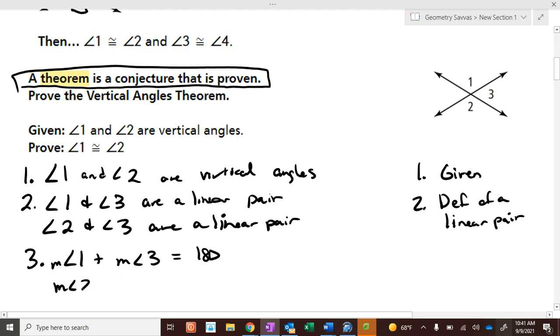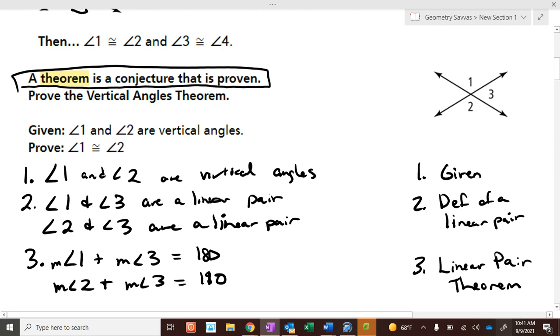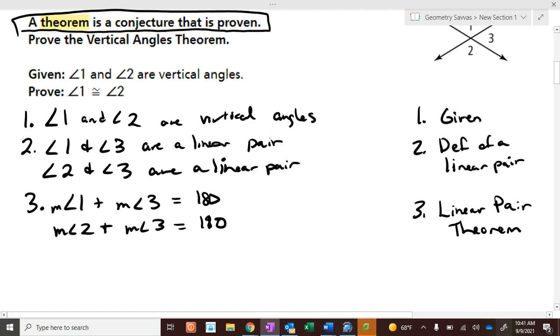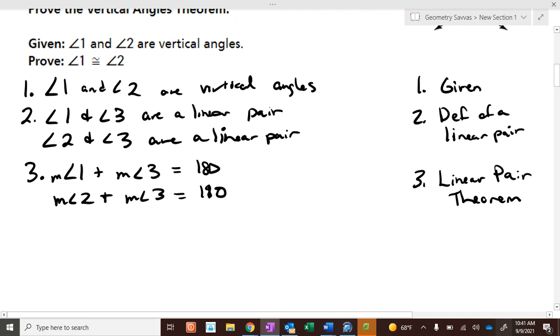The measure of angle 2 and the measure of angle 3 add up to 180 degrees. That is the linear pair theorem, that all linear pairs add up to 180 degrees. Again, we haven't gotten there yet. We'll get there later this section.